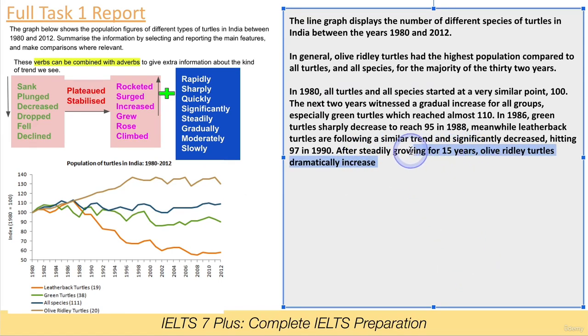So we could say Olive Ridley turtles were gradually rising for 15 years, and they reach about just over 120.